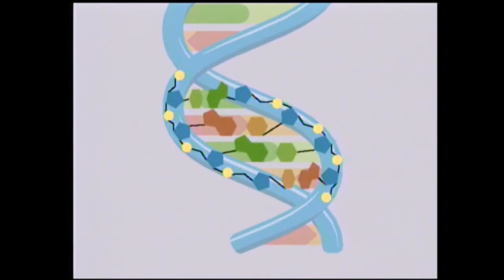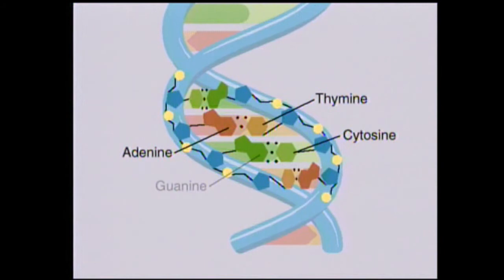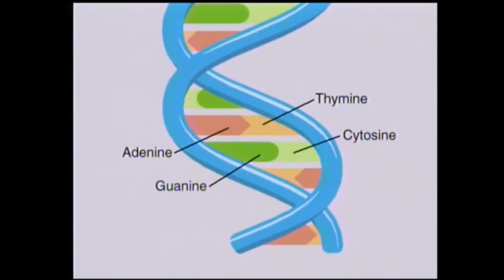Pairs of bases form the rungs of the DNA ladder. Hydrogen bonds hold the pairs of bases together. There are 4 different bases in DNA: thymine, adenine, cytosine, and guanine. The names of the bases are often abbreviated.